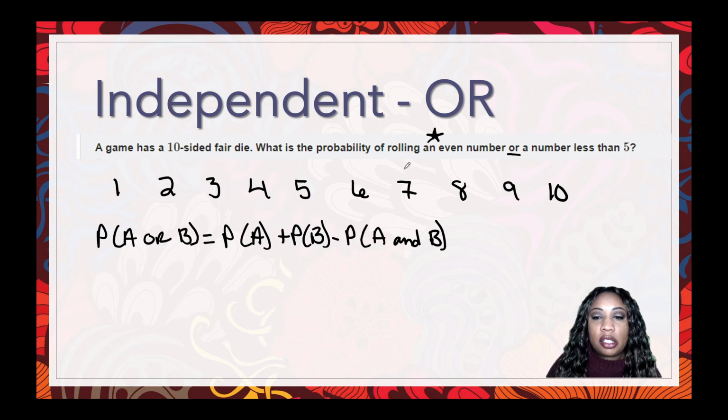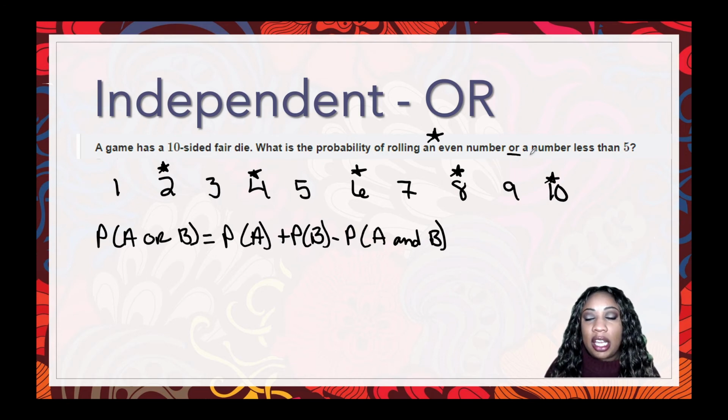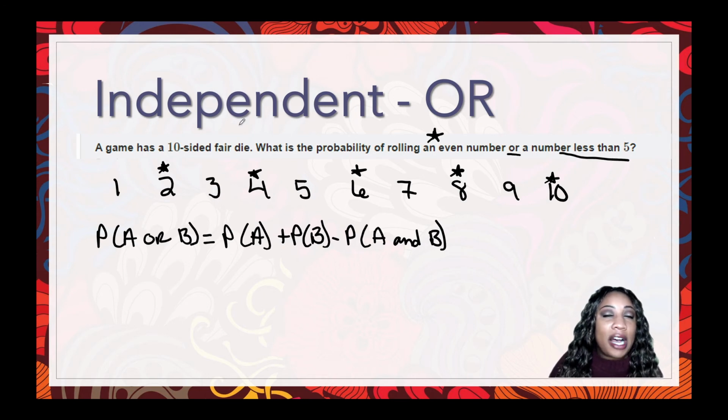So let me put a star over my even numbers. And then the probability of B is a number less than 5. So I'm just going to underline my numbers that are less than 5. It doesn't say equal to or less than 5. It just says less than 5. So keep that in mind.